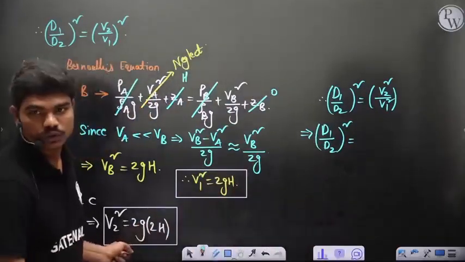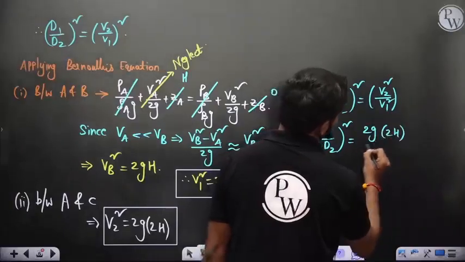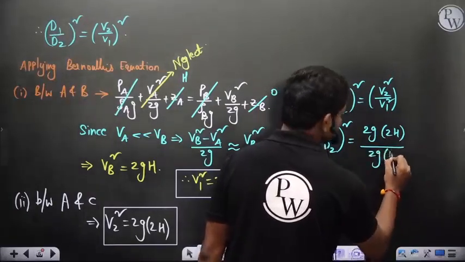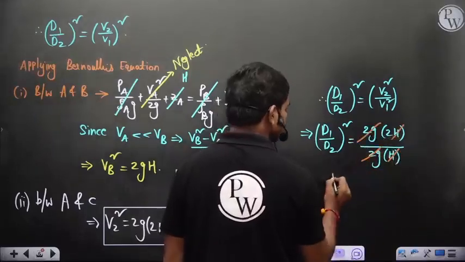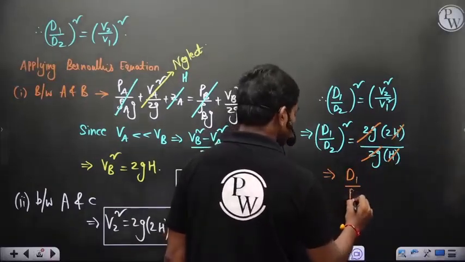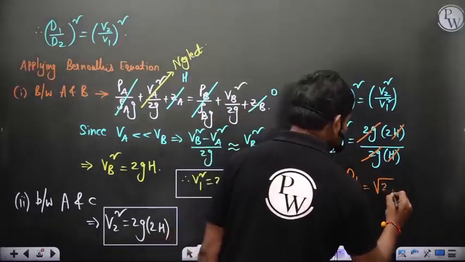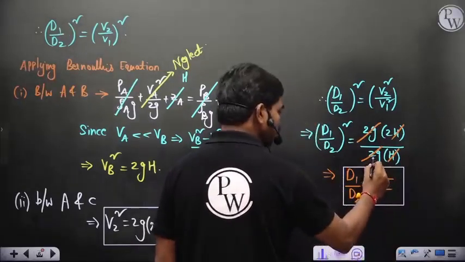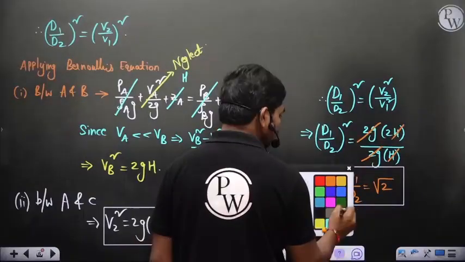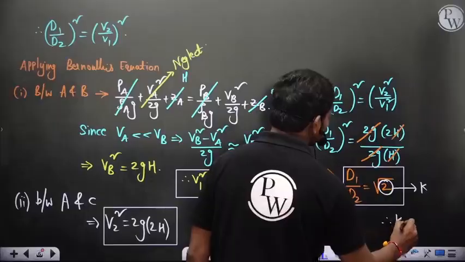This guy, 2G into 2H, divided by 2G times H. If you simplify, 2G cancels, H cancels, so D1 by D2 is equal to square root of 2 actually here. So square root of 2 is the correct answer. The value inside the root is our value of k, so this is k, of course. Therefore k is equal to 2.